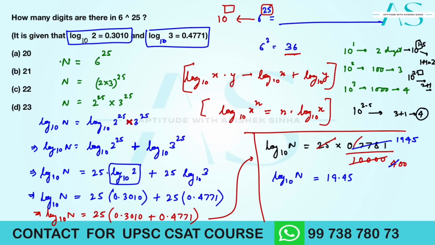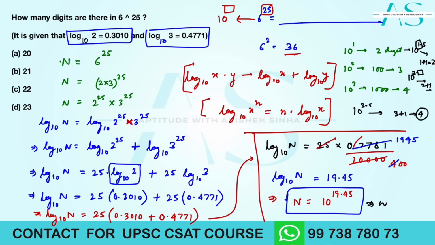Now, if we take antilog, so this becomes n as 10 to the power 19.45. Bingo. We have converted this with ease. अब आप मुझे बताओ, if this is 10 to the power 19 point some result, तो number of digits कितने होते हैं?